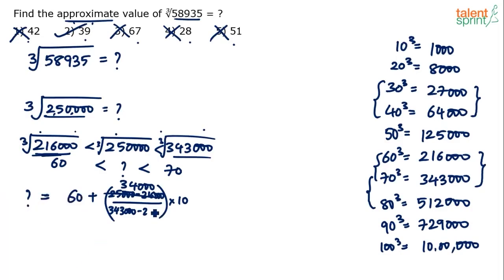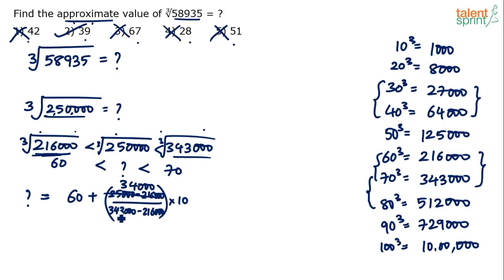We are supposed to take 2,16,000. The two numbers that we have considered, not 2,50,000. Just keep that in mind, right? The numerator will be the given number minus the number that you have already considered, divided by the denominator, which is going to be the difference between the two numbers that you have considered in the range, 2,16,000 and 3,43,000. Okay, so 34,000 divided by, how much is 3,43,000 minus 2,16,000? It will be 84 plus 43.